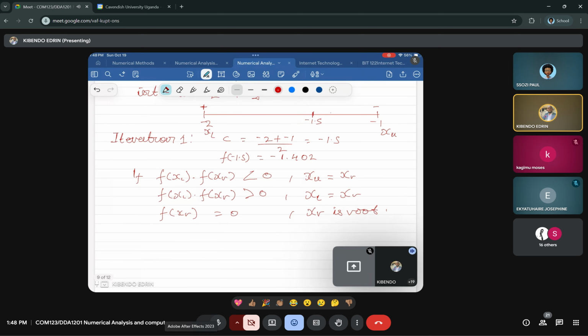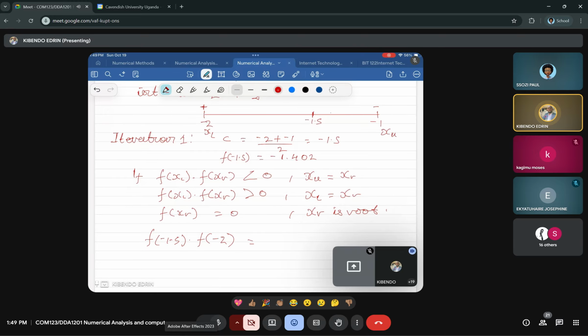Personally, it confuses me. So, for example, if I got negative 1.402, I multiply f of negative 1.5, which is my xr, with f of negative 2, the lower bound.